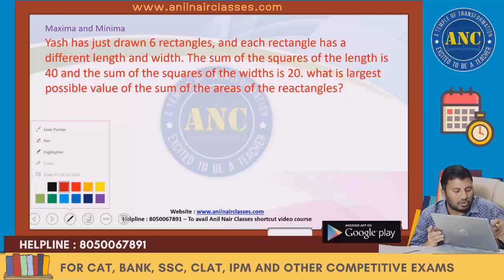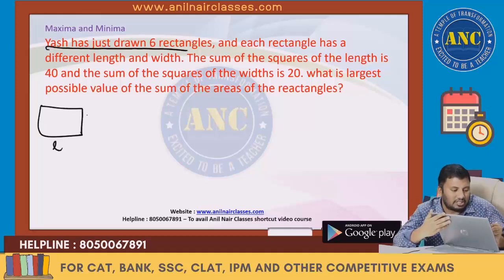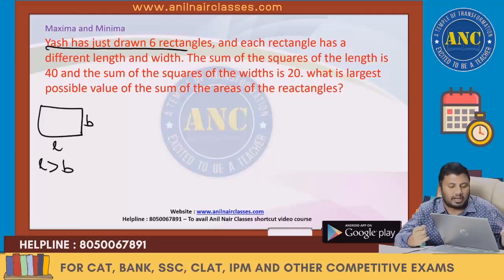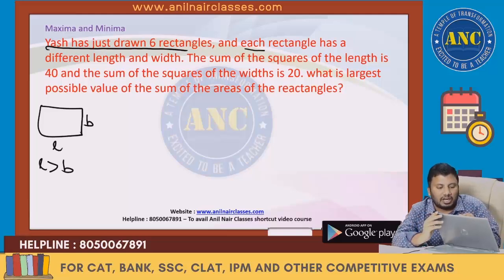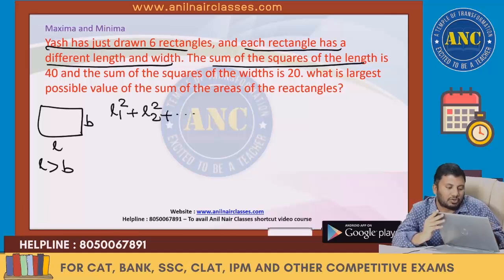Next question. This we solved. Now read this question. Yash has just drawn 6 rectangles. This is length, this is breadth. In a rectangle, one side should be greater than the other side. Each rectangle has a different length and breadth. Sum of the squares of the lengths of the different rectangles, L1 square plus L2 square and so on up to Ln square, is 40.